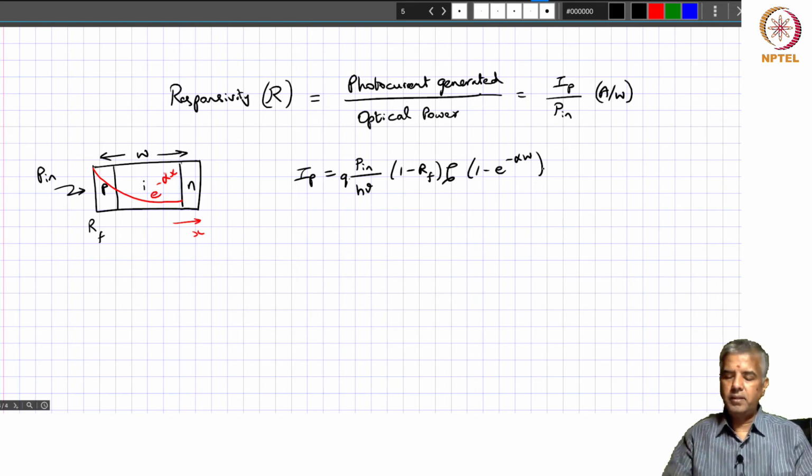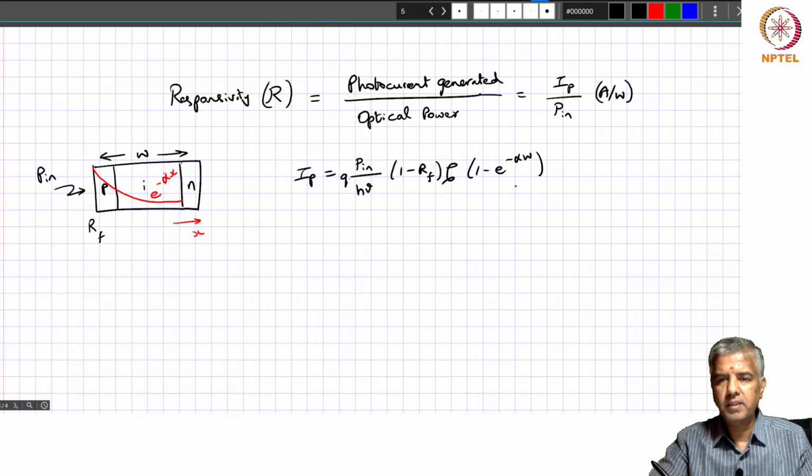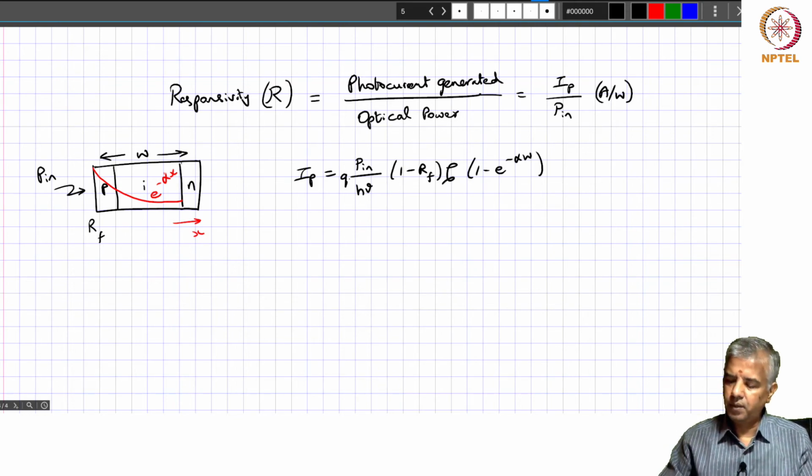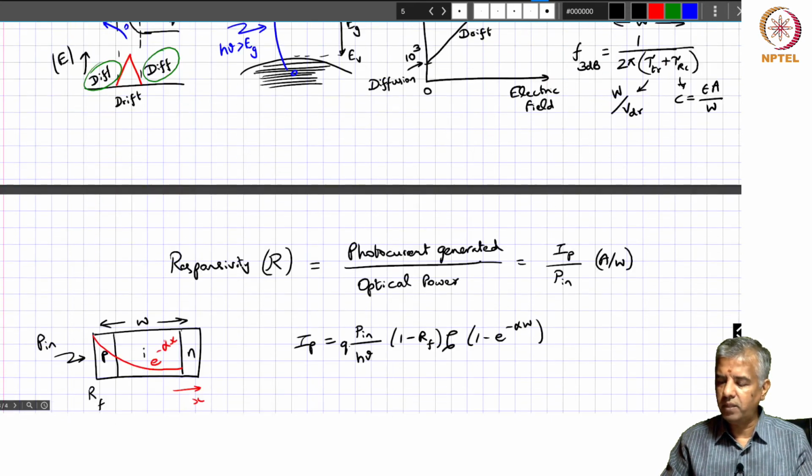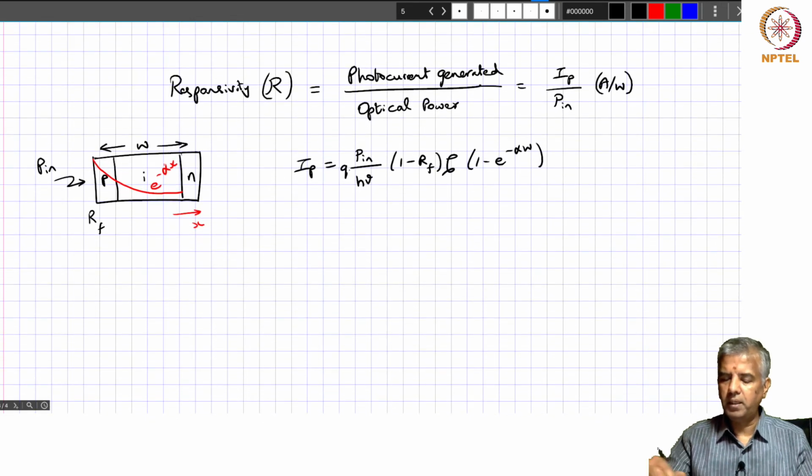So this is an interesting point, right? We previously said over here that W has to be as small as possible so that the transit time is small, and correspondingly you can increase your bandwidth. But what is the corollary to that?